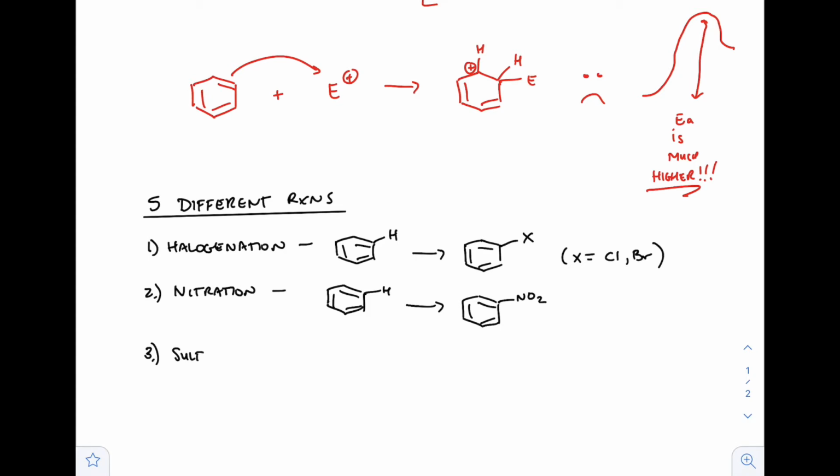Okay. We have sulfonation, which is a very similar process to nitration, where the benzene ring hydrogen is substituted with a sulfonyl group. So we have an SO3H group.